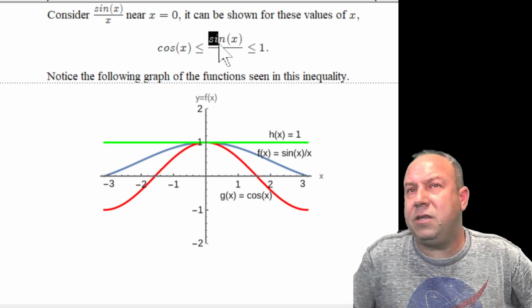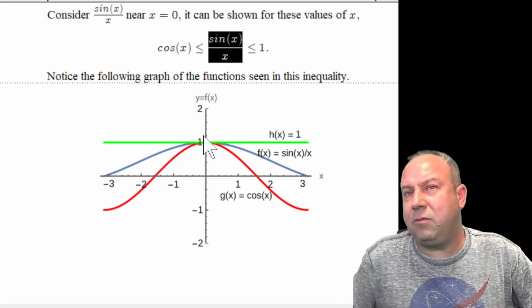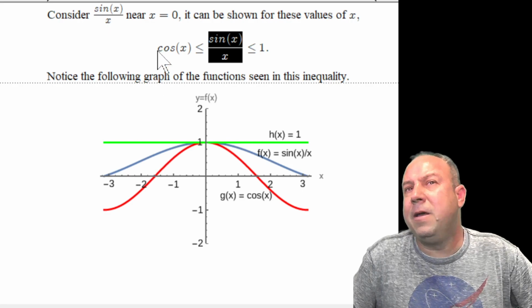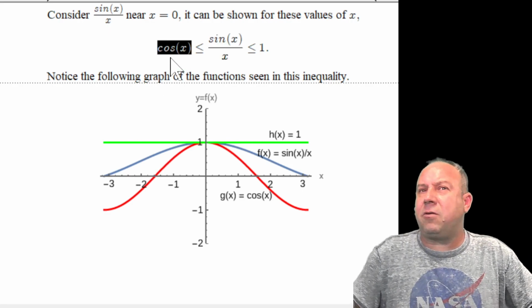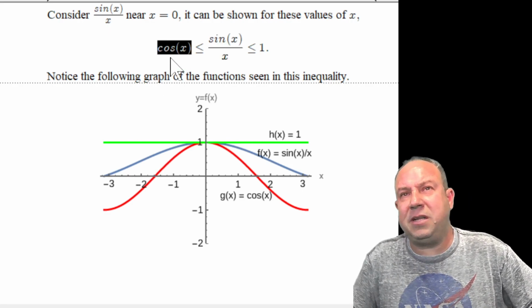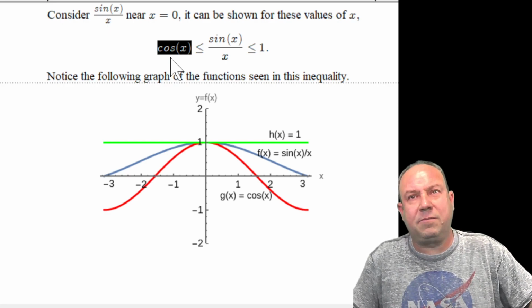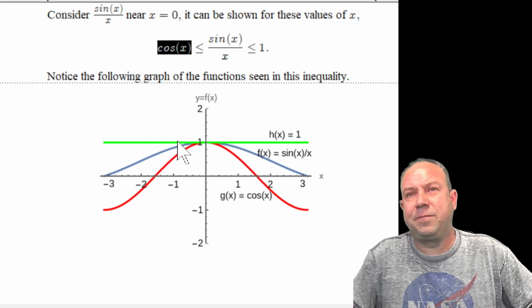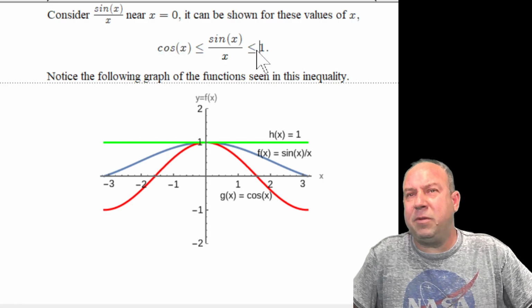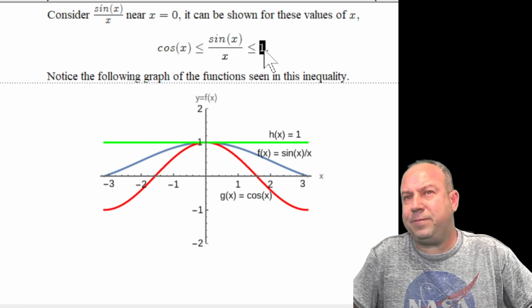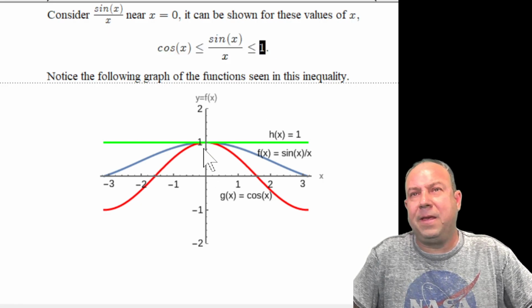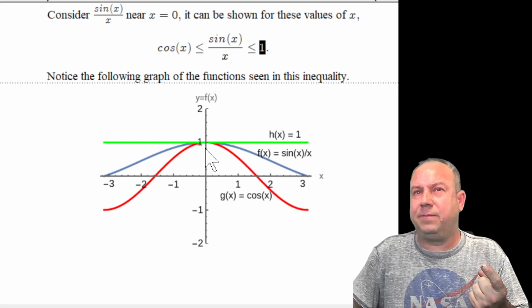We might say we don't know the limit of the blue graph, but we do know the limit of the cosine graph. Cosine, its limit at 0 is 1. Cosine of 0 is 1. We do know the limit for 1 as x heads to 0. It's also the value of 1.